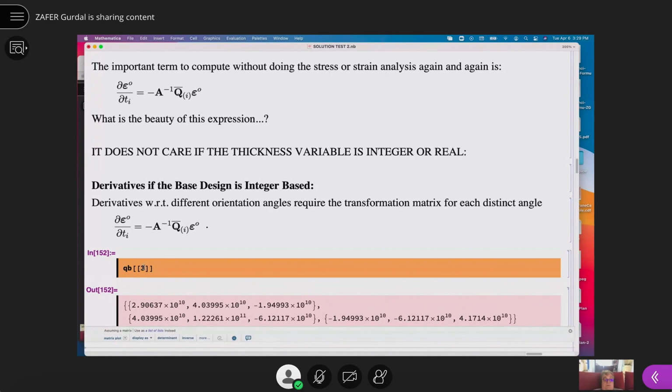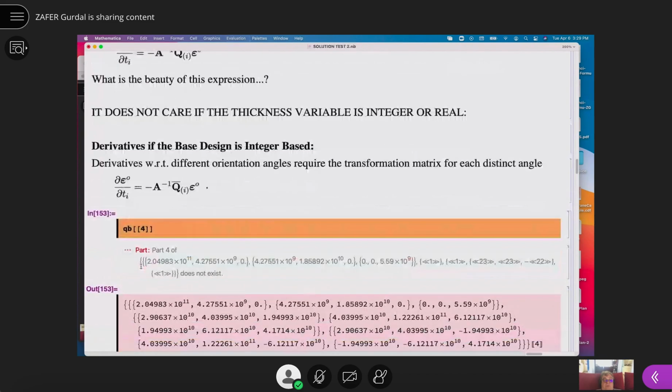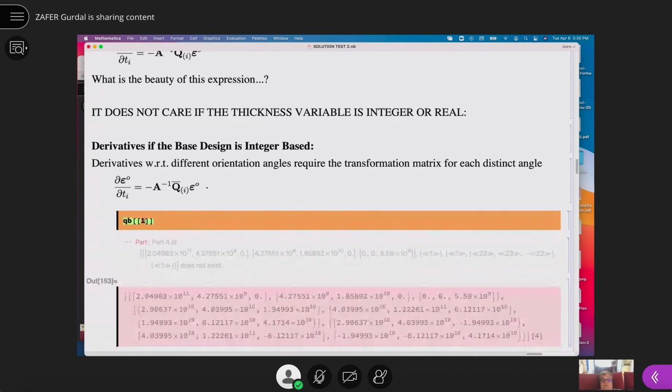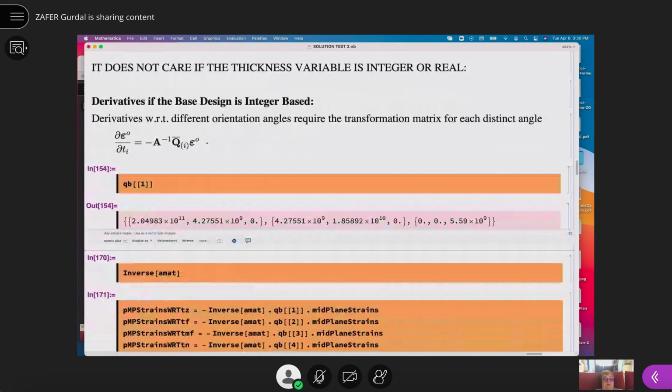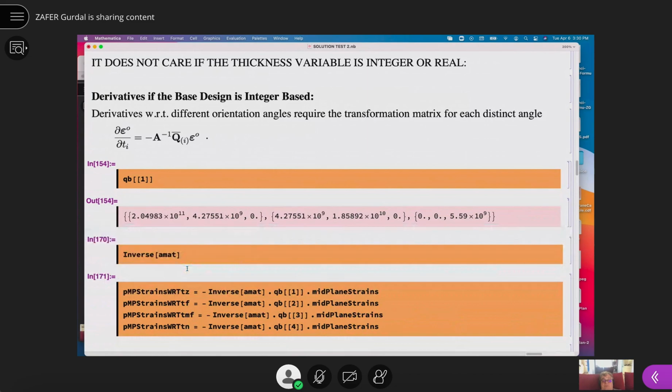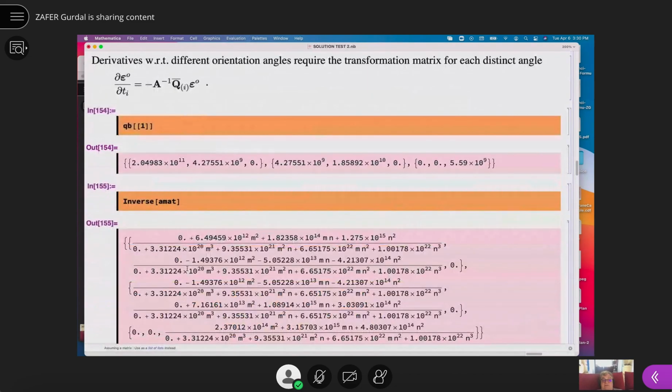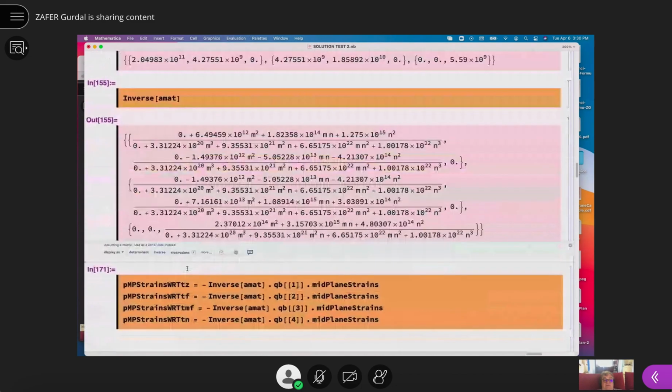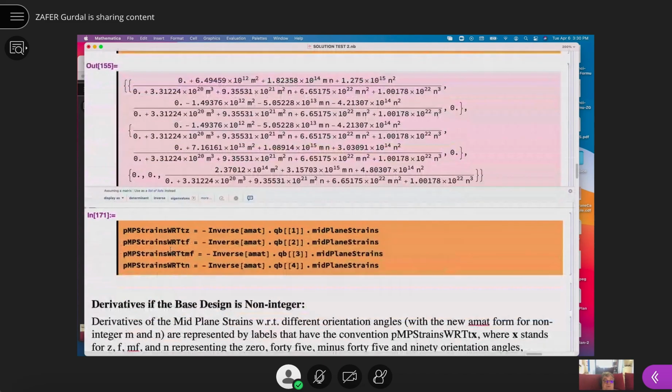Okay, that's good. And just in case QB4 doesn't exist, very good. So my Q bar matrix already computed, just to show that it's there. I again need the inverse of the A matrix. So just to make sure that it's still there, yes, it is there. Inverse A matrix.